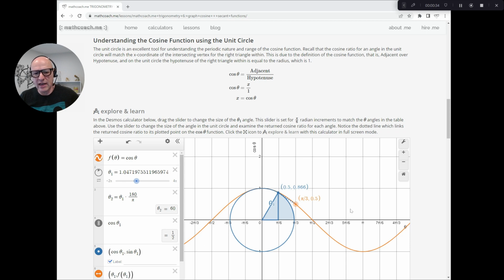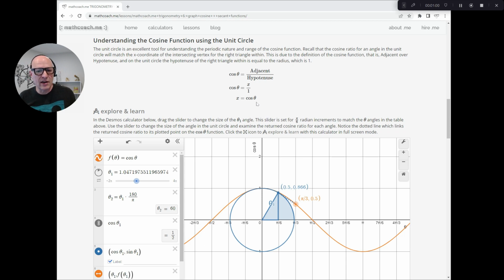I've labeled this theta. I've labeled my y-axis cos theta, but this is your x and y axis. So on the unit circle, when it's 60 degrees, the cosine is this value, x, divided by the hypotenuse. Hypotenuse is 1, and that's why x is equal to cos theta.